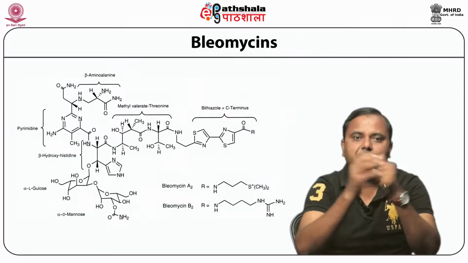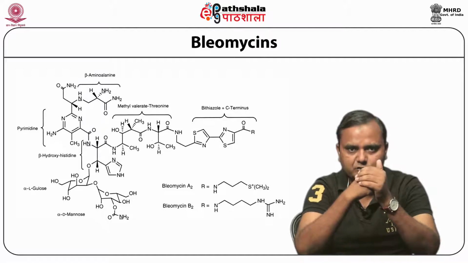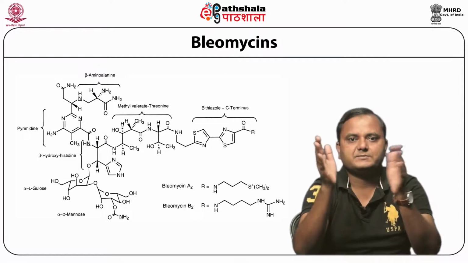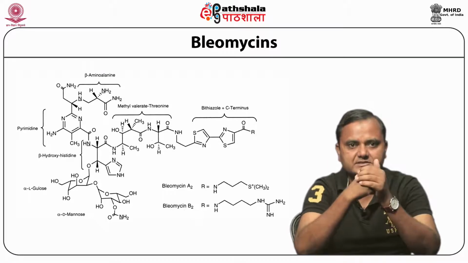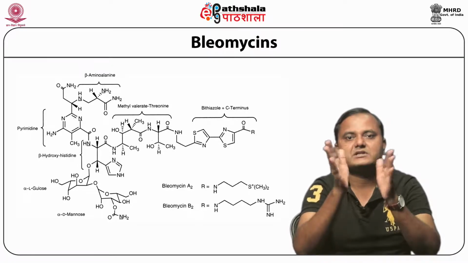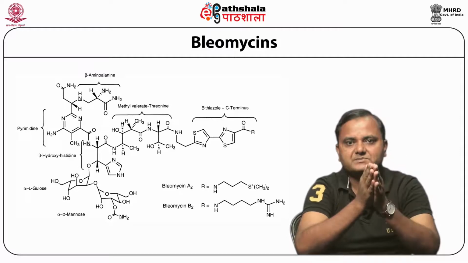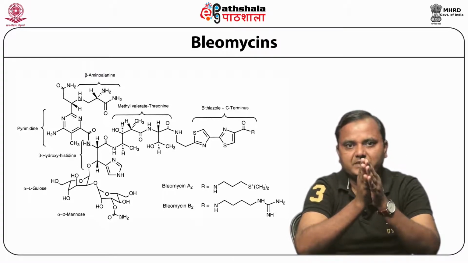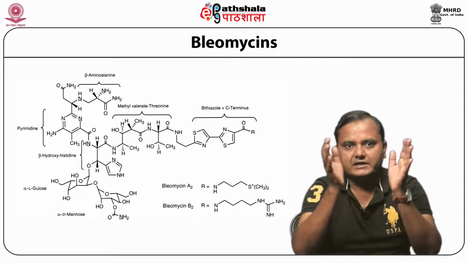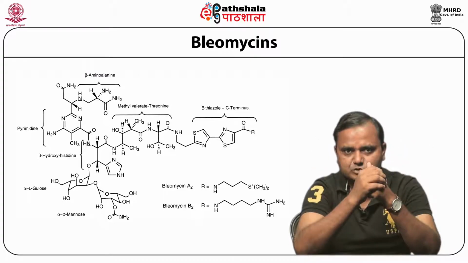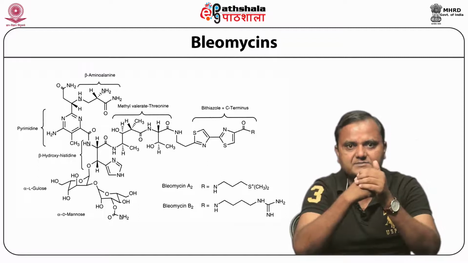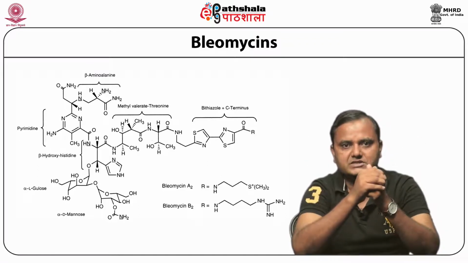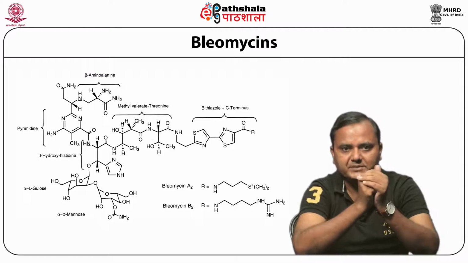Now we discuss bleomycin. It is a natural glycopeptidic antibiotic produced by Streptomyces verticillus. It is used for chemotherapy, especially during radiotherapy, to kill tumors, and is commonly administered as blenoxane, a drug that includes both bleomycin A2 and B2.